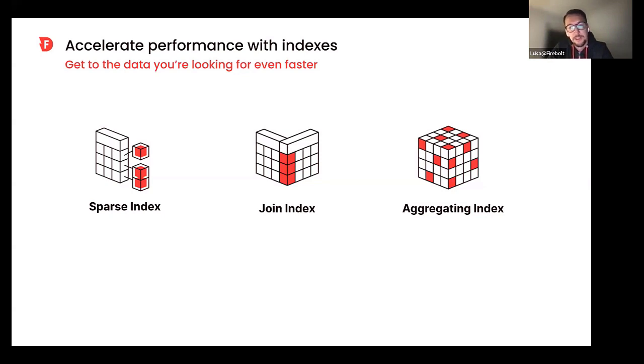The second 2 index types are more specific to your actual queries, right? The join index is essentially a hash table, the one that gets created during your normal join between, let's say, a fact and a dimension table. But this one is kept in memory, so in the RAM of the engine. And this means we save some time in actually creating this for each join.